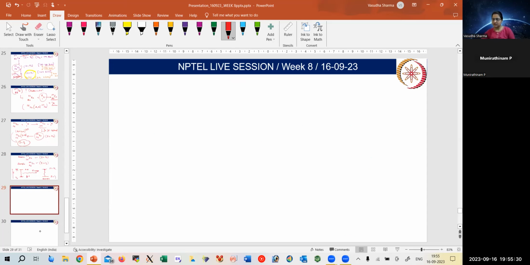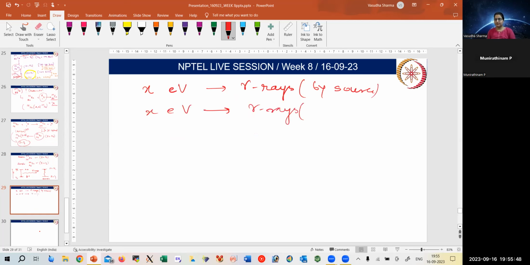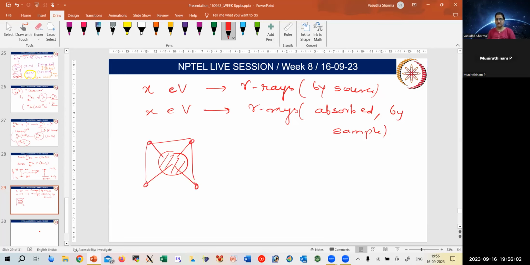But actually, when this is the condition, with exactly the same energy, X electron volt is being lost as gamma rays by the source, and X electron volt is being absorbed by the sample. So generally, we put our source in a matrix so that there won't be much movement, and we have the sample also in the same matrix.